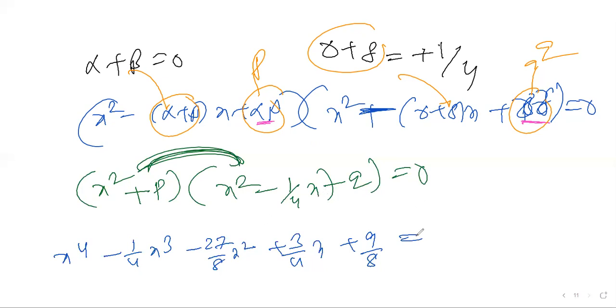After you multiply this, what you're going to get is x square plus p times x square plus 1 by 4 x plus q. I'll write directly for understanding: x power 4 plus 1 by 4 into x cube plus p x square and so on. Then x power 4, 1 by 4 into x cube, plus p plus q into x square, and p by 4 into x plus pq.